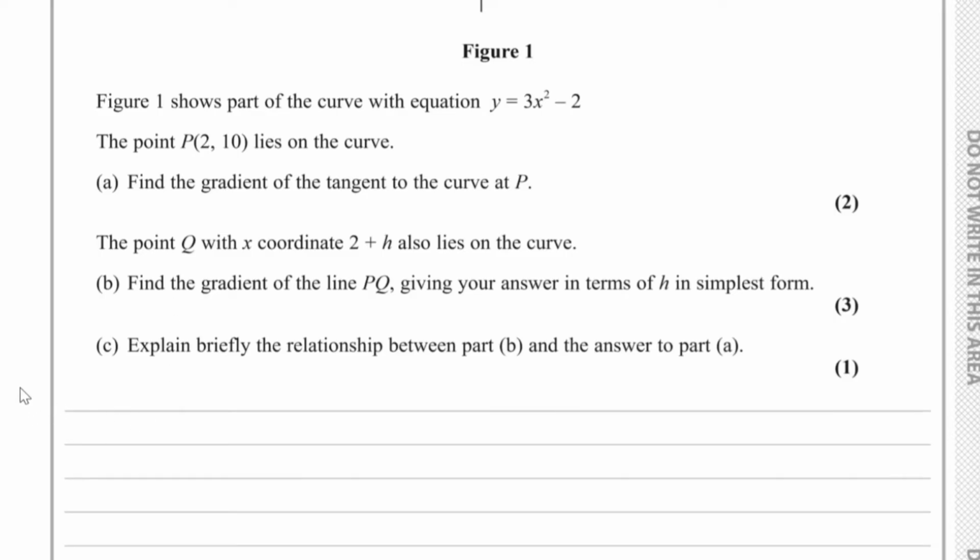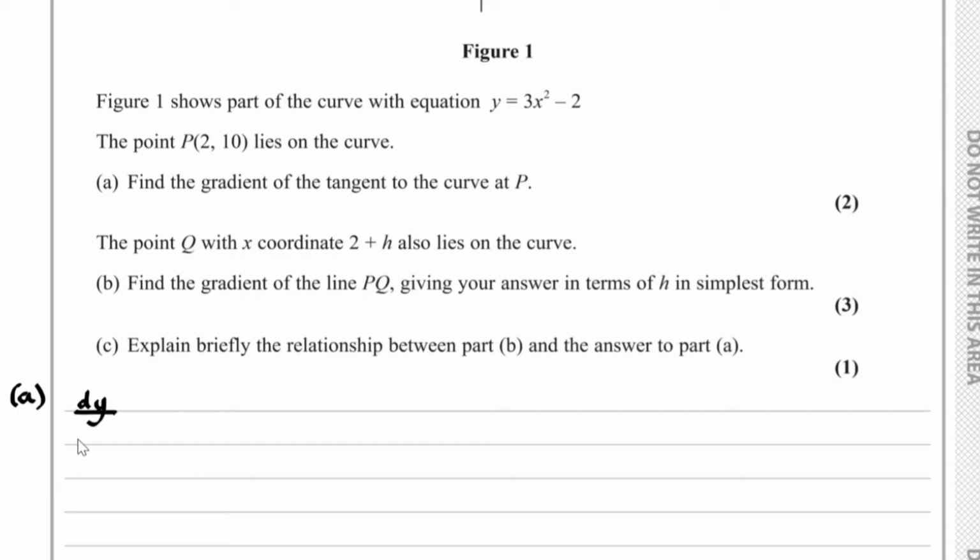For part A, if we were to find the gradient of the tangent to the curve at P, we would have to, first of all, find out what dy over dx is, which tells us the gradient function of the tangent.